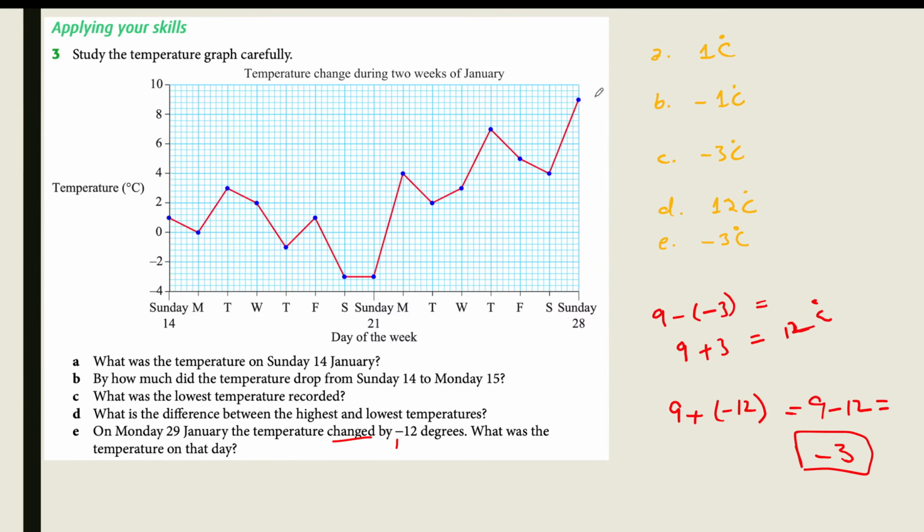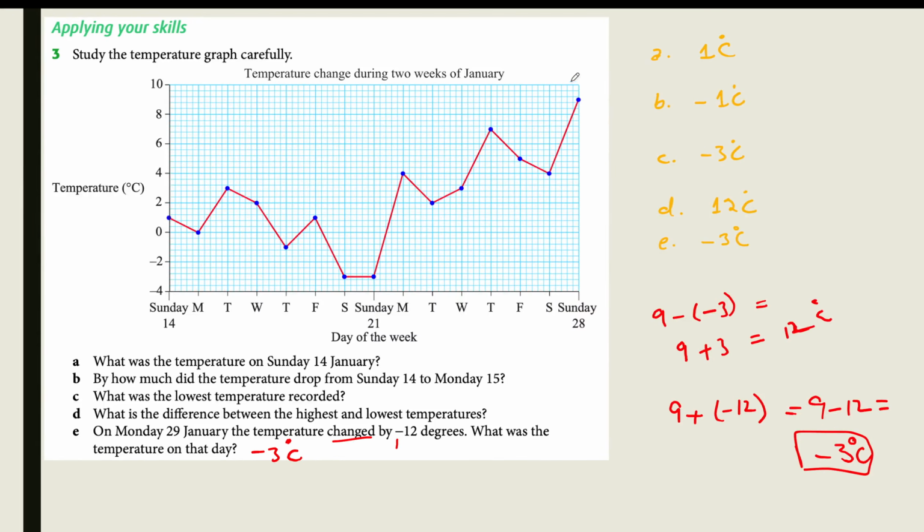So from 9, if it drops by 12 degrees, the temperature would be minus 3 degrees. So the temperature on Monday, January 29th was minus 3 degrees.